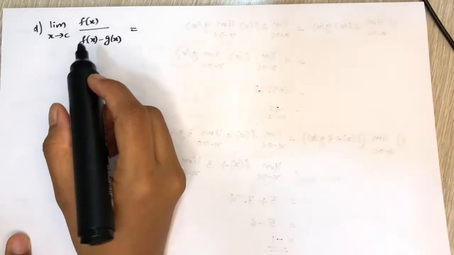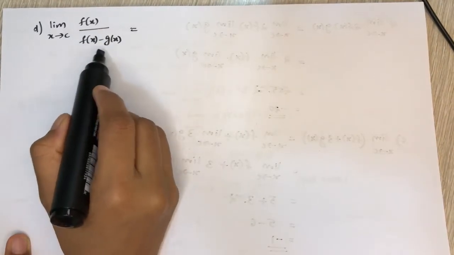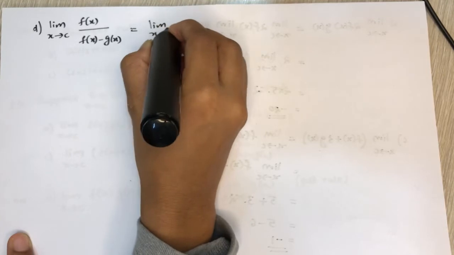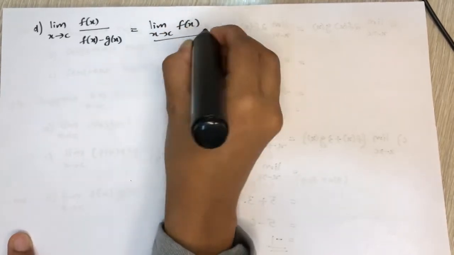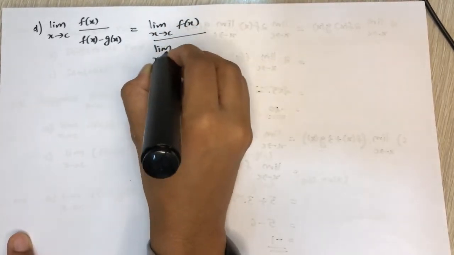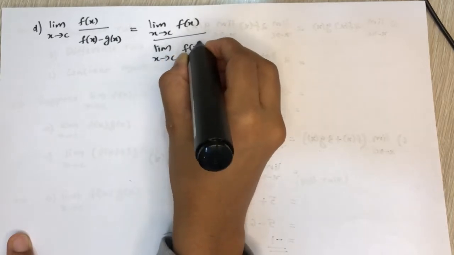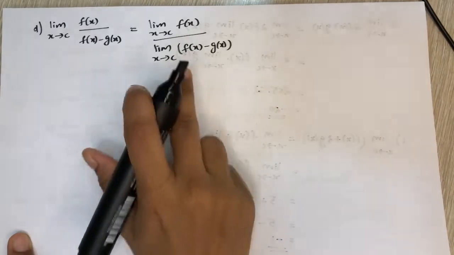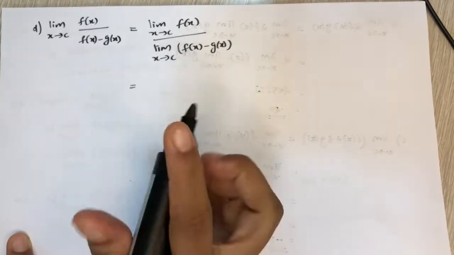D, limit x tends to c f of x by f of x minus g of x. First apply quotient rule. Limit x tends to c f of x by limit x tends to c f of x minus g of x. Then apply difference rule in the denominator.